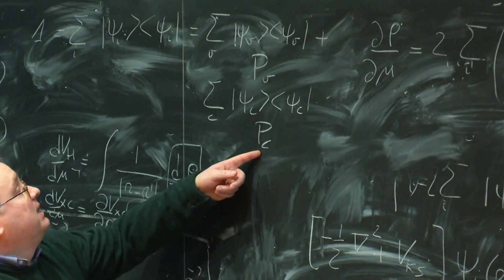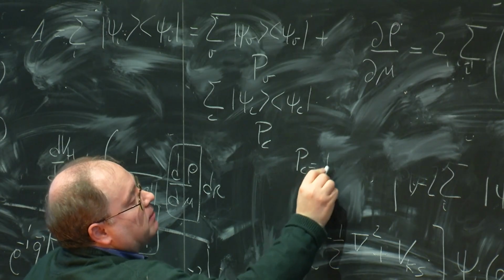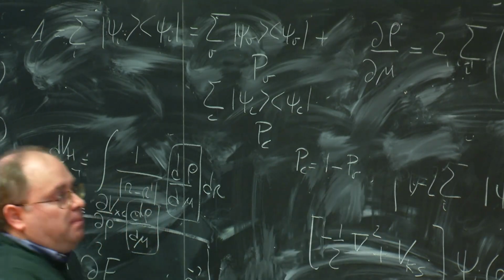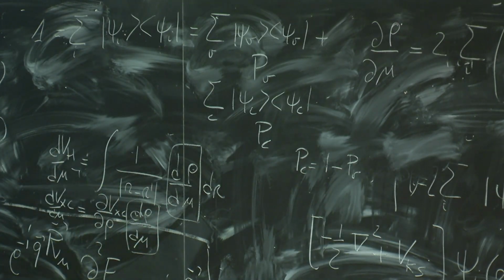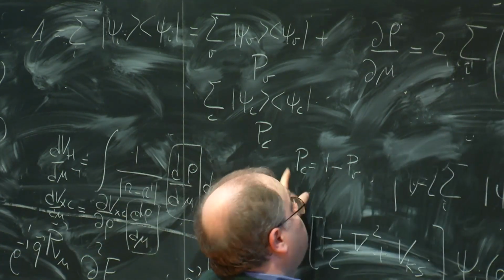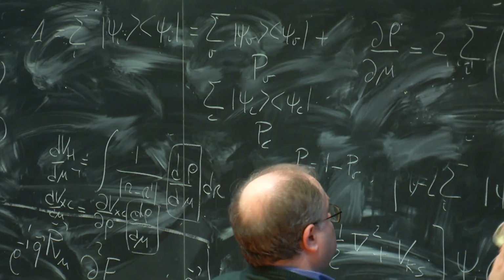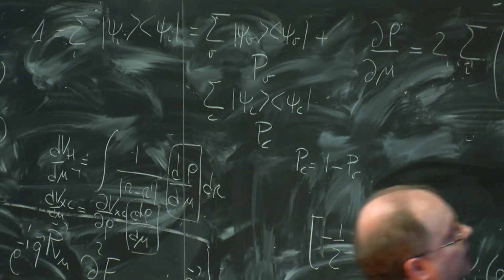PC plus PV is equal to 1, and if you want, PC is 1 minus PV. So let's now insert here PC and PV, and let's see which terms we obtain.